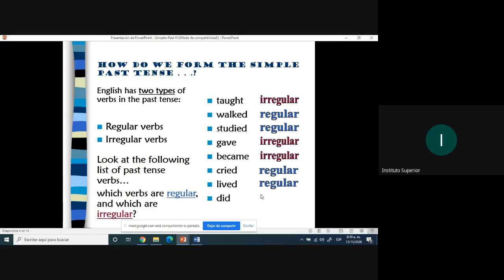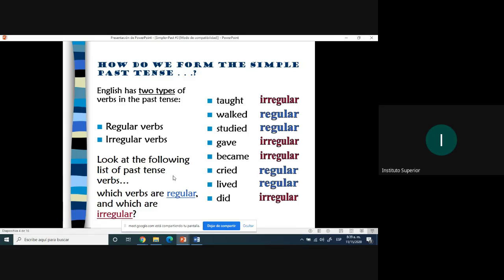Which one is the base form? Help me out. Do. It is do. Now, how is the change that this word suffers? It seems like it's adaptable to ed, or it is completely different in pronunciation. It's irregular. Yes, very good.